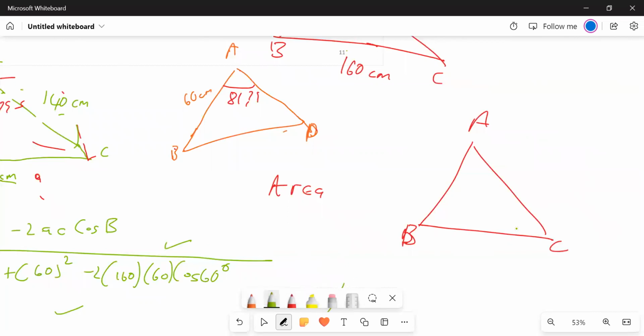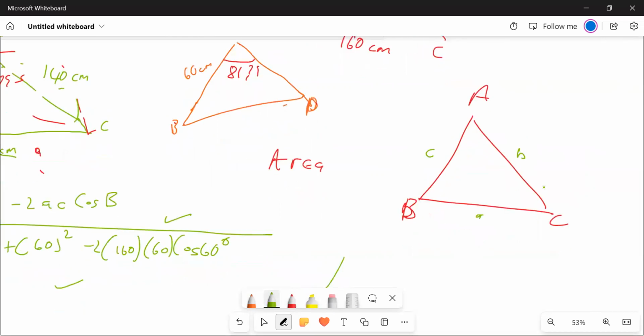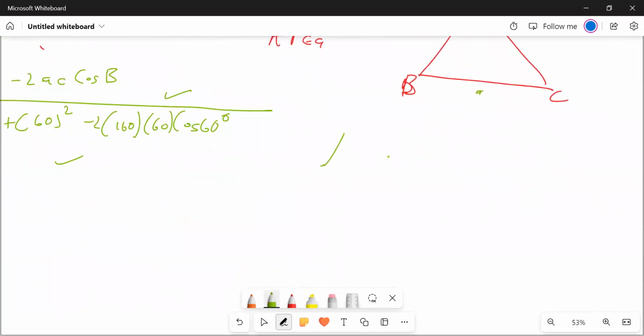So if we do it this way, just any triangle ABC, this one is going to be small letter a, this one small letter c, and this one small letter b. How then do we define the area? This is very important. Be careful here.